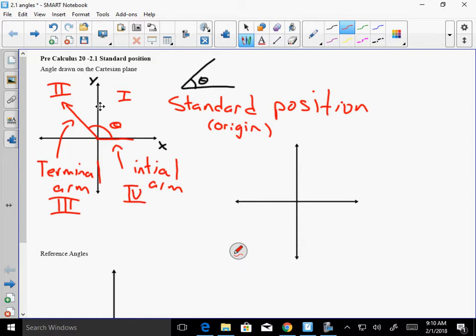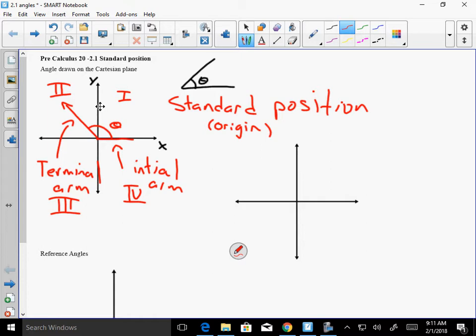Okay. And we'll be coming back to that time and time again in this unit. 1, 2, 3, and 4, okay? So it just goes counterclockwise around.